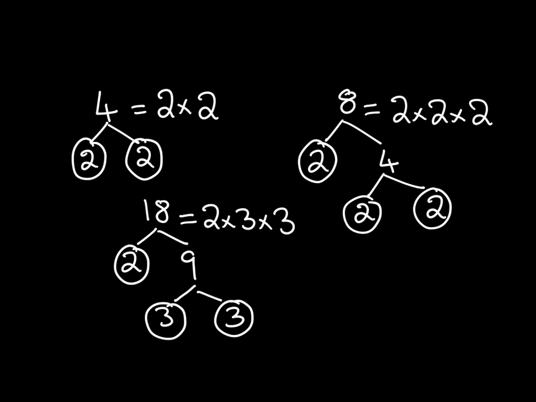If you observe all these composite numbers and many such composite numbers, every composite number can be written as a product of primes. This is called the fundamental theorem of arithmetic.